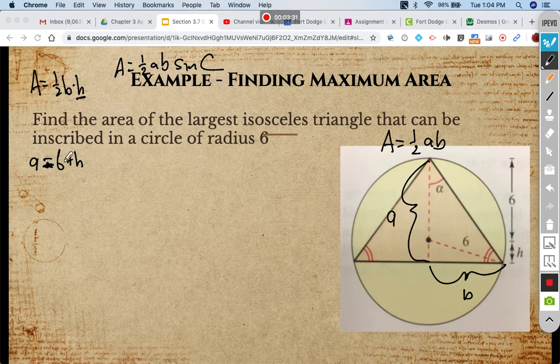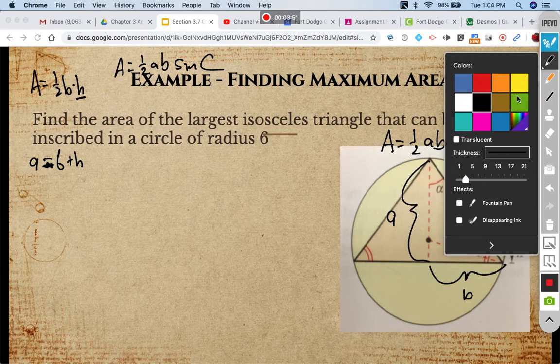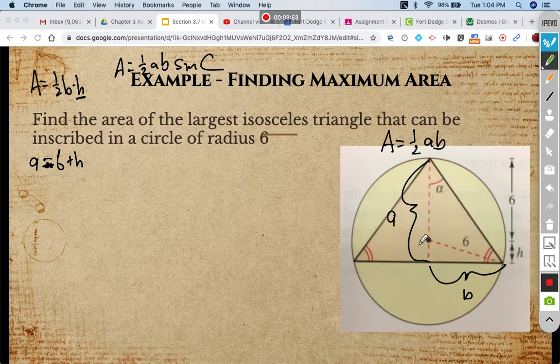So we really have another variable to think about. So what can we look for B? For B, I'm going to use this triangle right here.